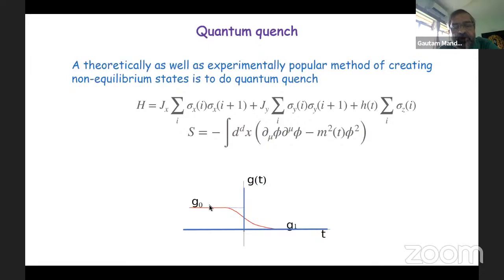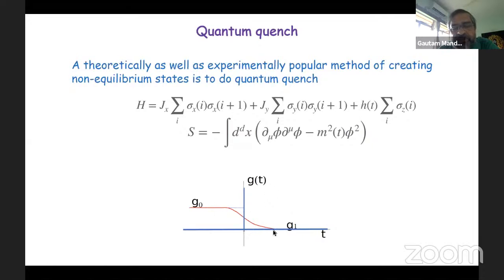The idea is to start with a certain value, let's say G naught in this cartoon, and let's say we start with the ground state. It's not necessary to start with the ground state. You can start with some other more general class of states. And then you change this coupling constant from G naught to some G1.